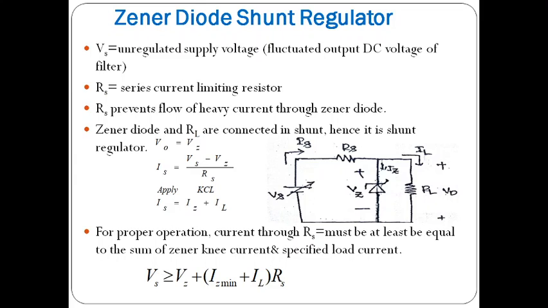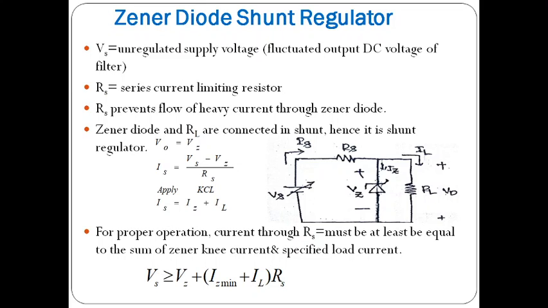For the proper operation of voltage regulation, the current through Rs must be at least equal to the sum of the zener knee current and the specified load current. This zener diode is connected in reverse bias.